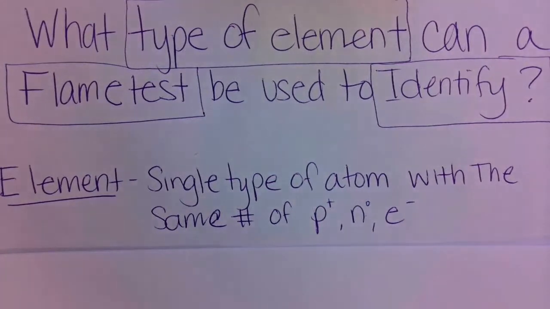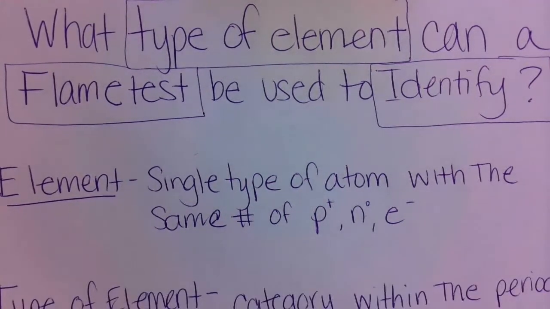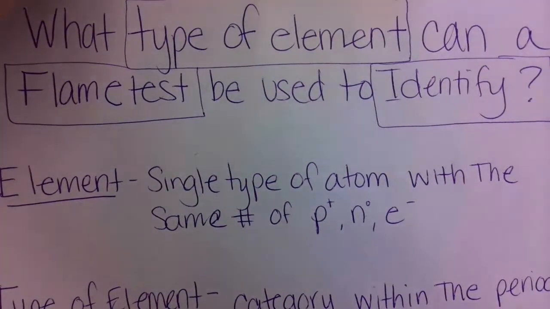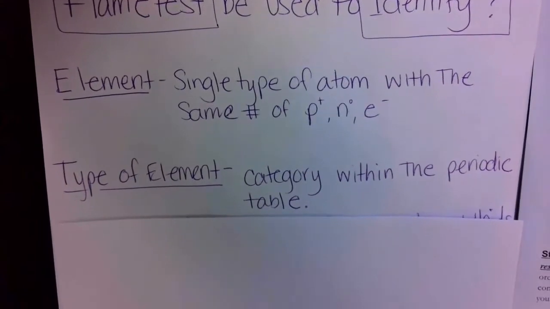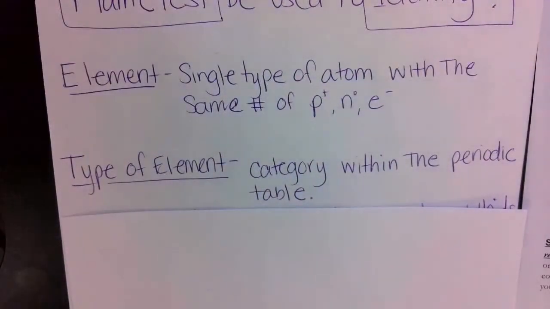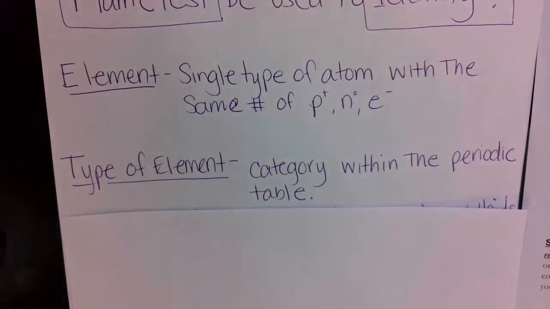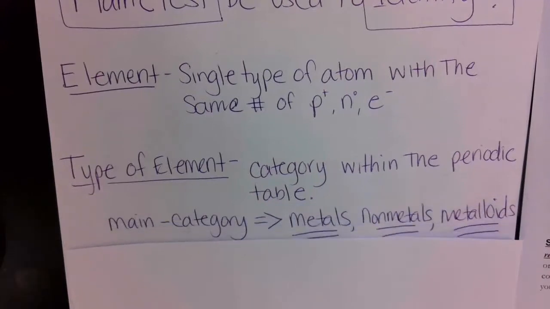So we talked about what an element was. We talked about what we meant by a type of element. Make sure you can see that. The type of element we meant was like a category within the periodic table. Is there a specific main category of element that we could identify?